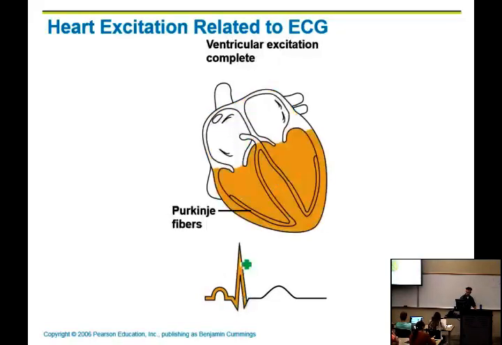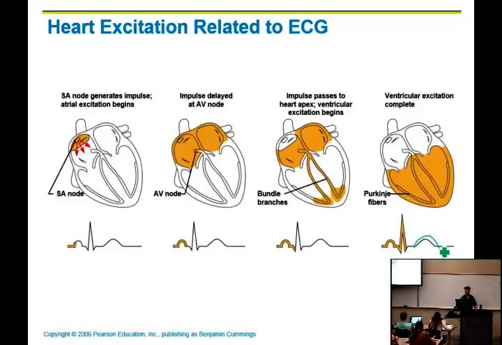So now we get this big QRS wave as the atria are relaxing and the ventricles are getting their stimulus to contract. Then finally, the T wave is when the ventricles go through repolarization and go to their filling stage.